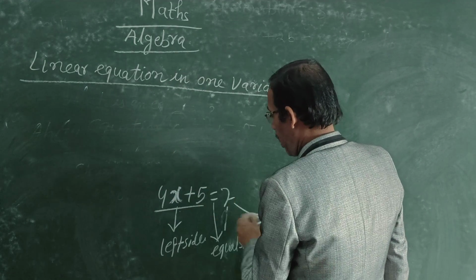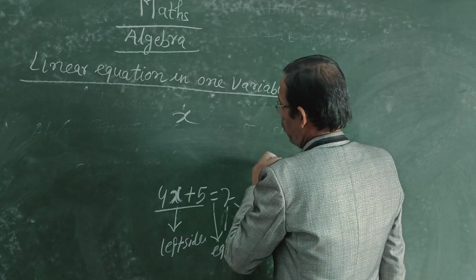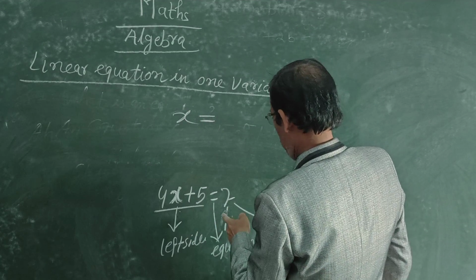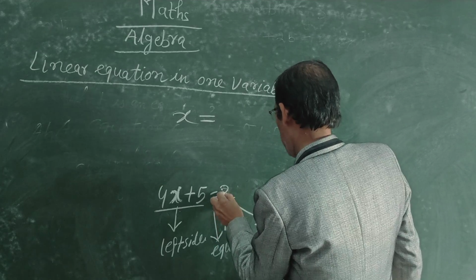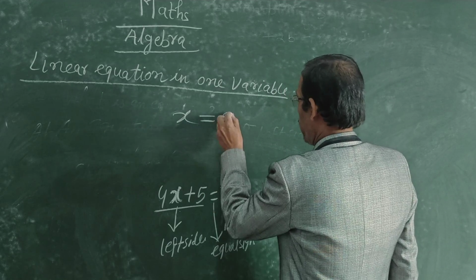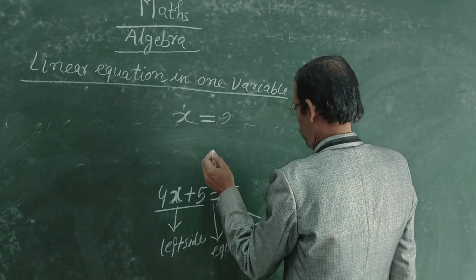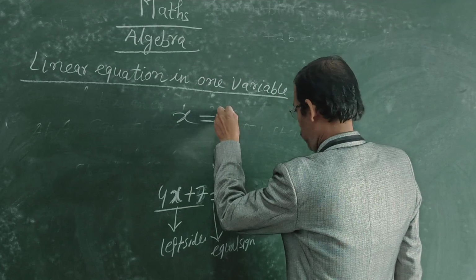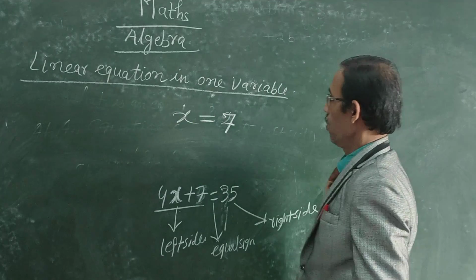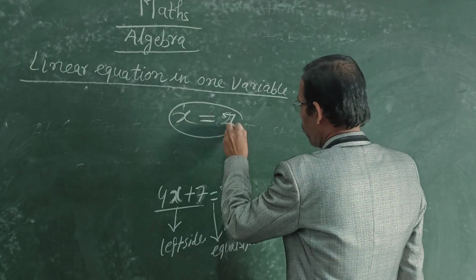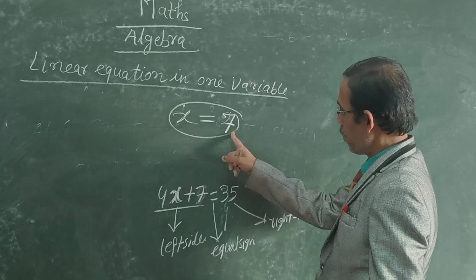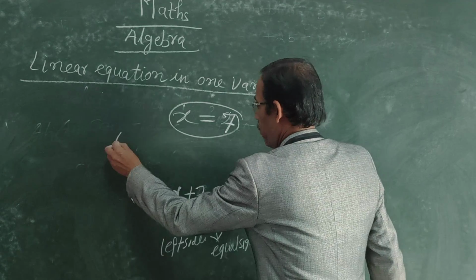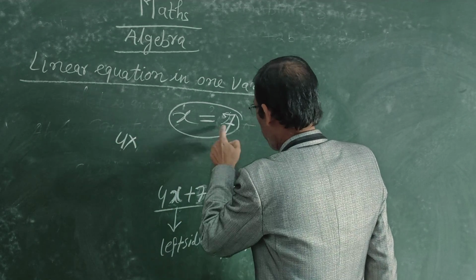On solving this question we get 7. This is the solution of this equation. On substituting this value in this equation, the value of x is 7.